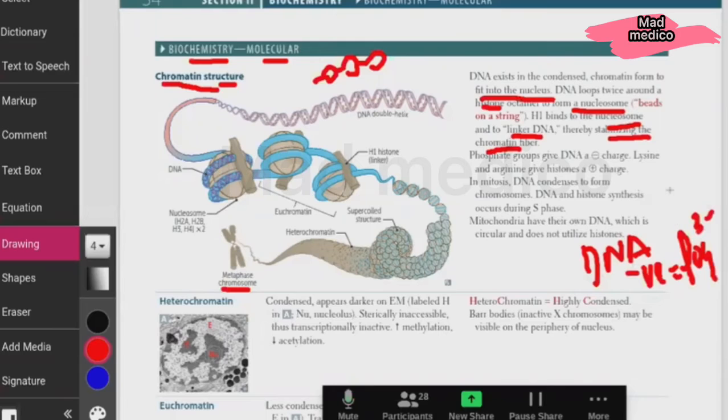This is an NBME question. The phosphate group gives the DNA a negative charge.